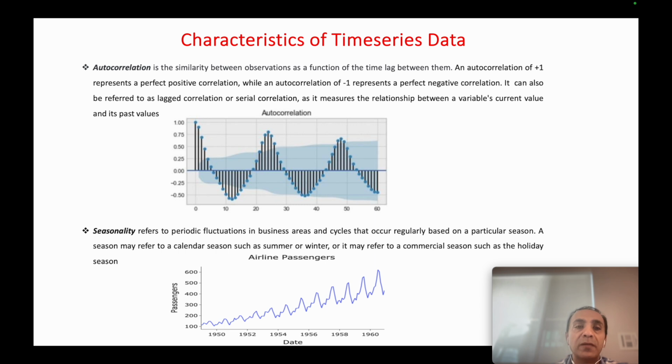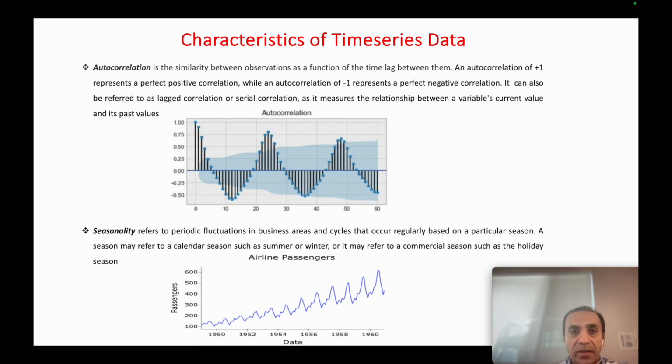It can also be referred to as lagged correlation or serial correlation, as it measures the relationship between a variable's current value and its past values. You can see the chart that I put here for autocorrelation that we can use to identify when it's a perfect positive or perfect negative correlation.